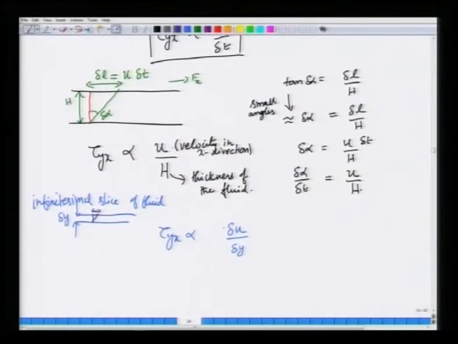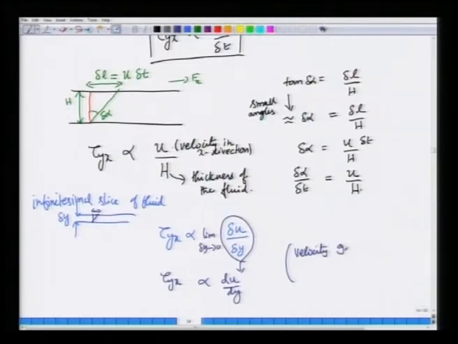And in the limit delta y tending to 0, this will become a derivative, proportional to du dy. This is called the velocity gradient. It is the derivative of the x velocity u with respect to the y coordinate.